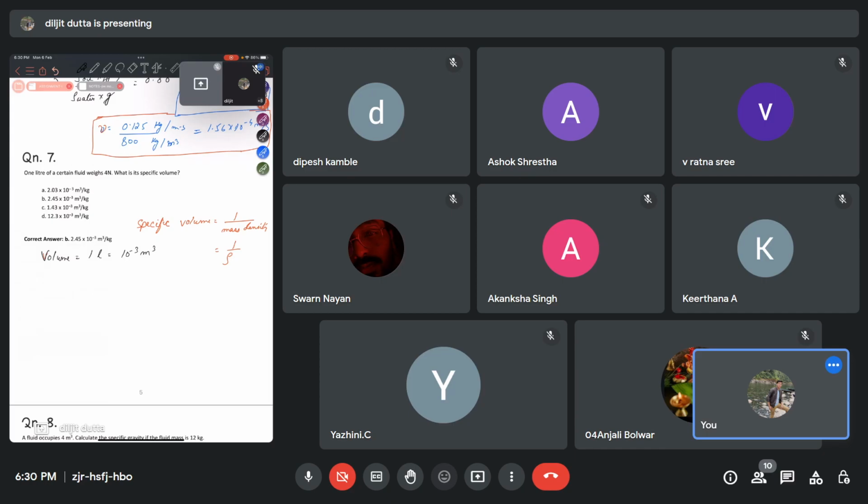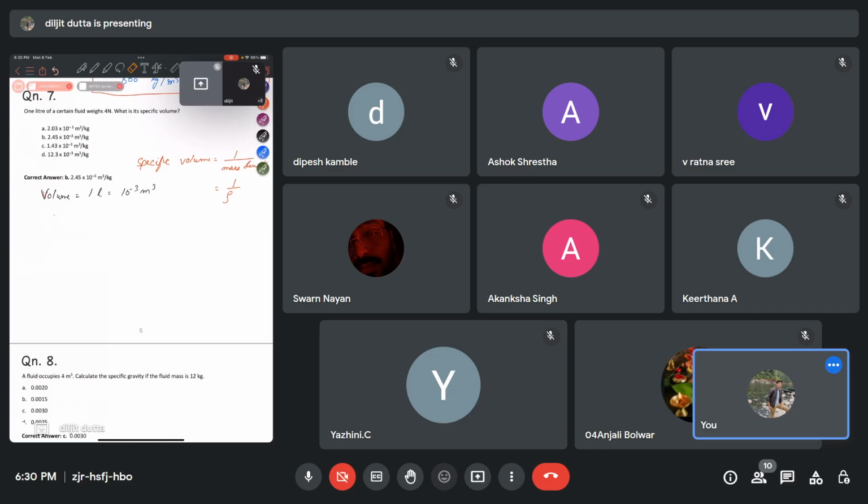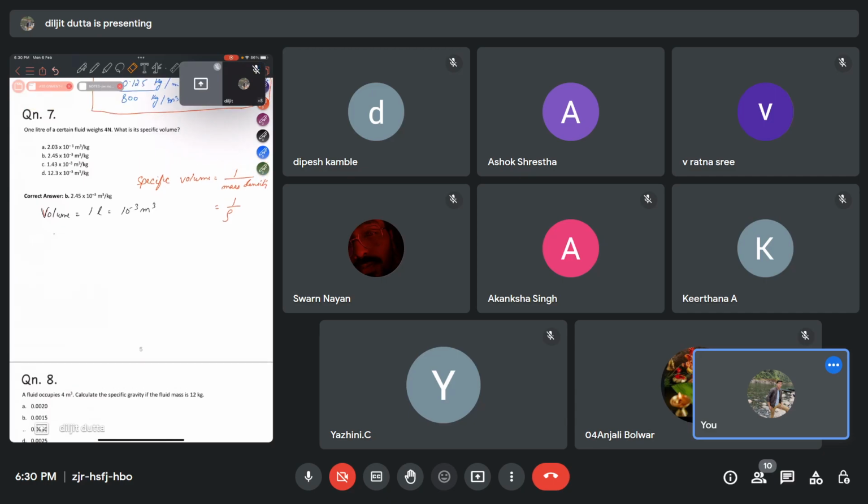So always first transform all the parameters to the same unit, then only start solving the numerical. The volume is 1 liter, which is 10 to the power minus 3 meter cube. And the weight of the fluid is given as 4 Newton.